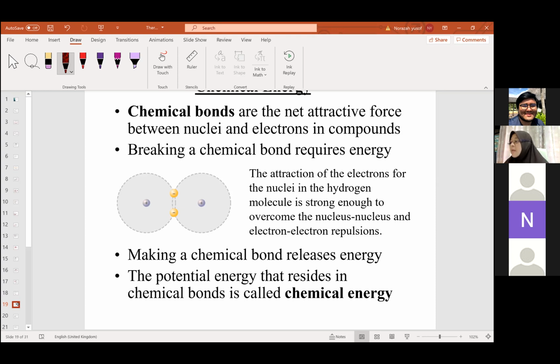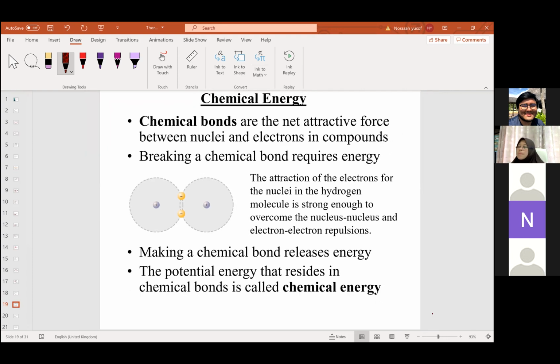Right, now where does the heat come from, or where does the energy come from? Of course, we have learned that the electron has its specific energy.